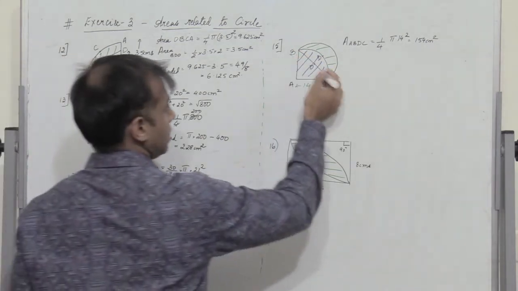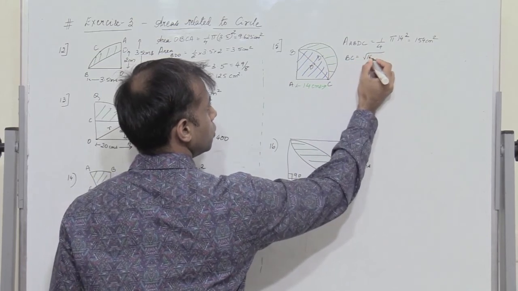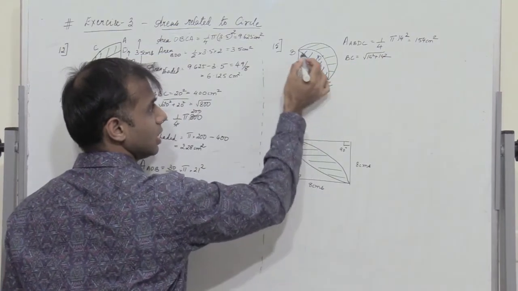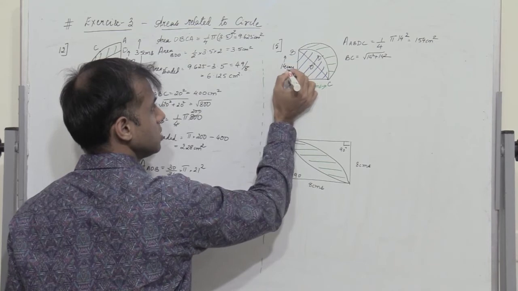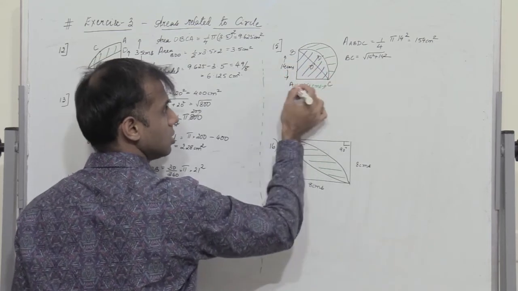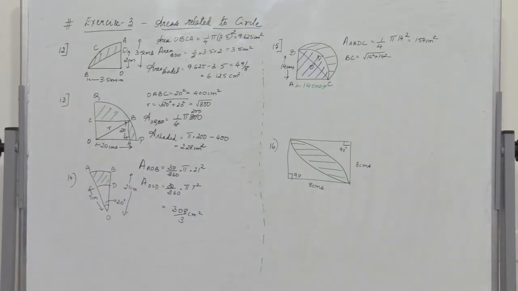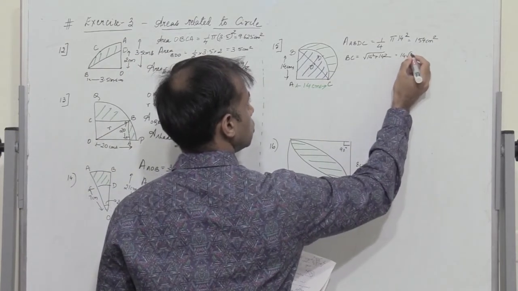So BC diameter is nothing but root of 14 square plus 14 square. So this forms a right angle triangle. This is 14, this also is 14 centimeters, right? So using Pythagoras theorem, BC is nothing but root of 14 square plus 14 square. So we get the value as 14 root 2.